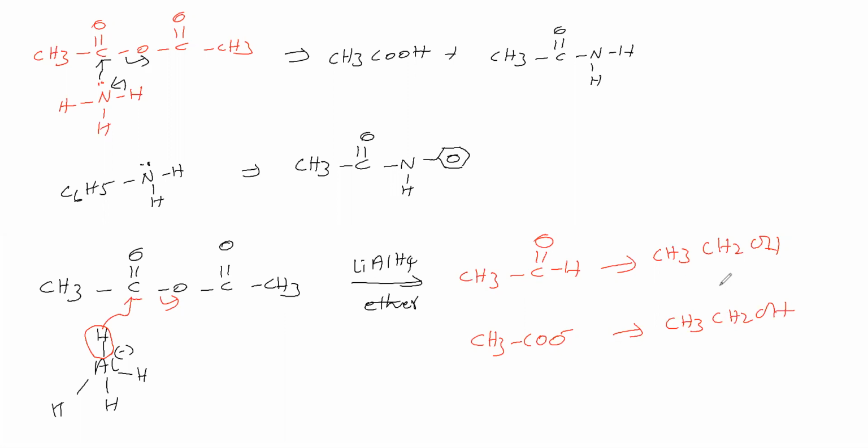Okay. Next, anhydride with dry HCl. What is the reaction? We'll see. Anhydride with the dry HCl. HCl we have taken like this. So what is the product? We will see. Now it is attacking here, this bond is shifting.